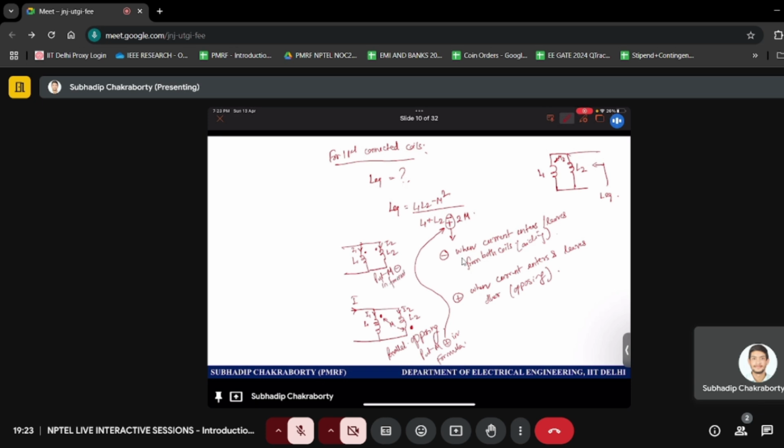So this is a little bit opposite. Only in this place you need to put the signs, right? So this is aiding. Hope it is clear, right?